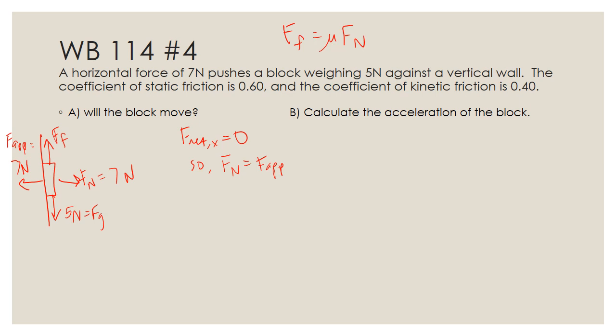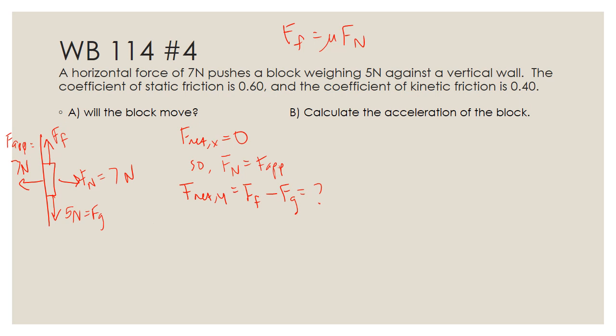So now looking vertically, the net force in the y direction, we've got an up force of friction minus the down force of gravity, and we want to know what's going to happen. So let's take a look at calculating what our force of friction is, if it's the static case, for example, and see how much static friction we have.